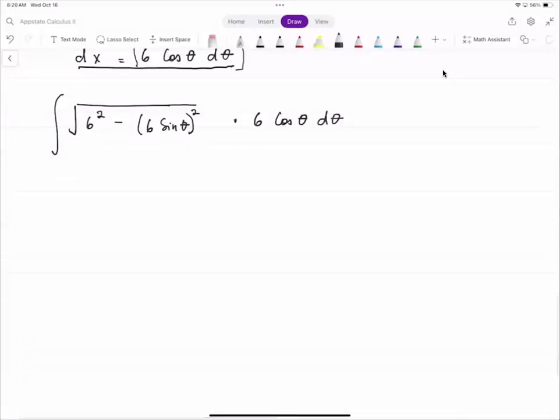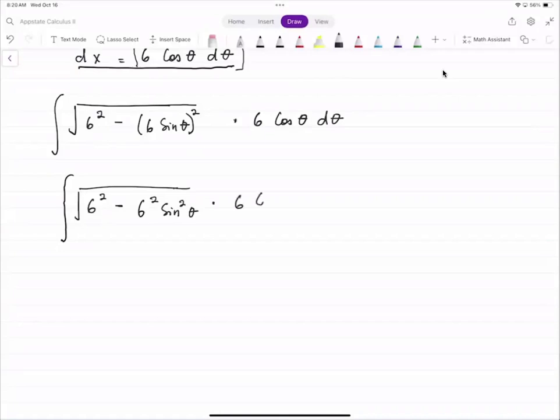Let's try to simplify. So now we have this. I have my integral sign here. This is the square root. And so this is 6 squared minus, this is the same thing as what? 6 squared sine squared theta times 6 cos theta d theta.